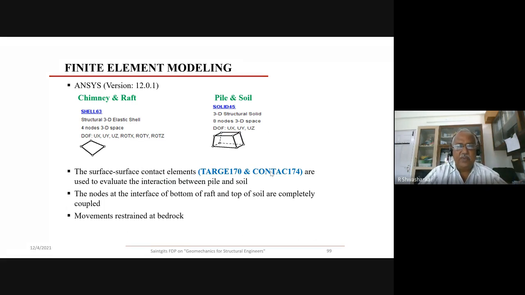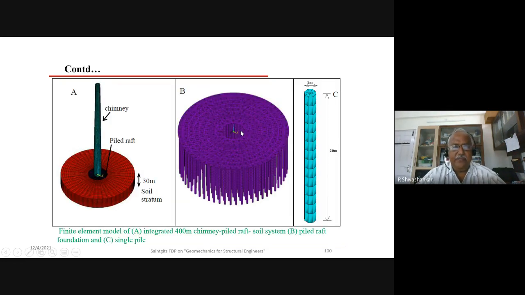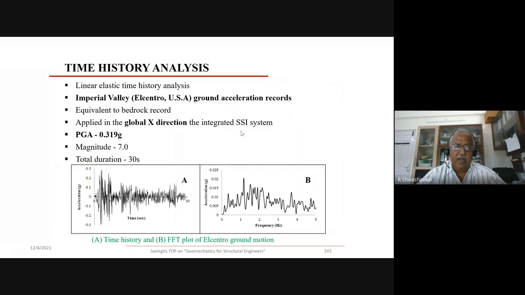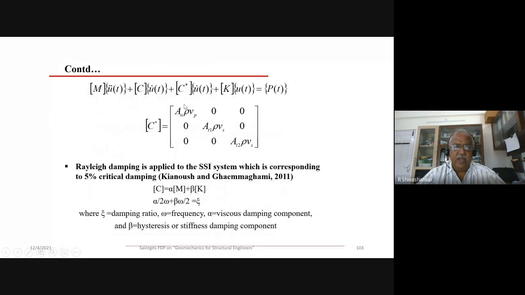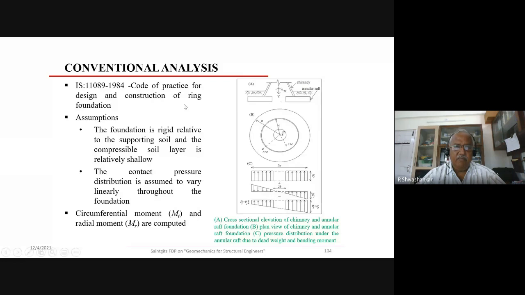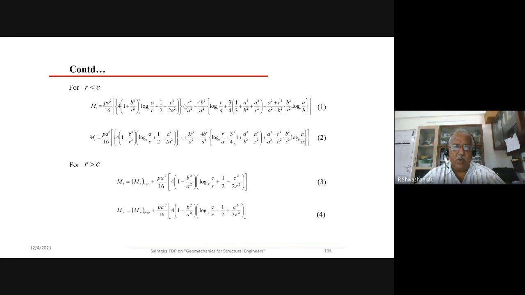And the different types of elements that were used in ANSYS for the chimney, raft, pile and soil are shown here. And this is the discretization, and also a seismic load was input, the seismic load of El Centro, and these are the equations, and this is the conventional analysis as per the IS code.